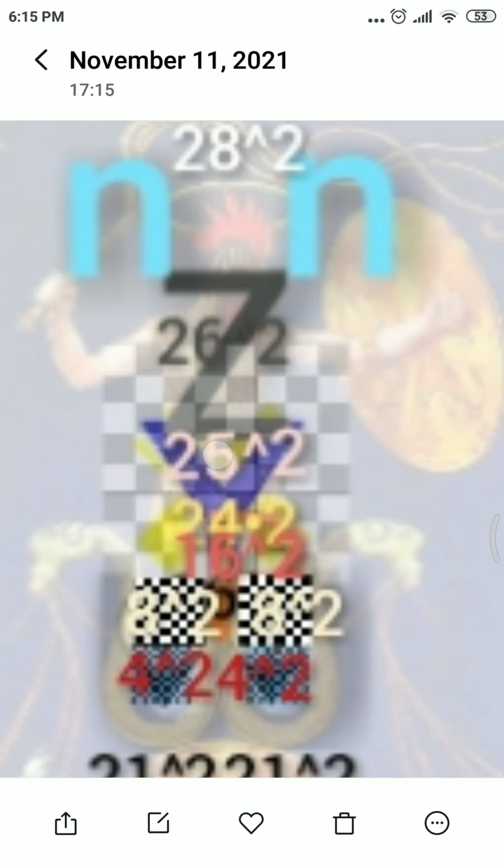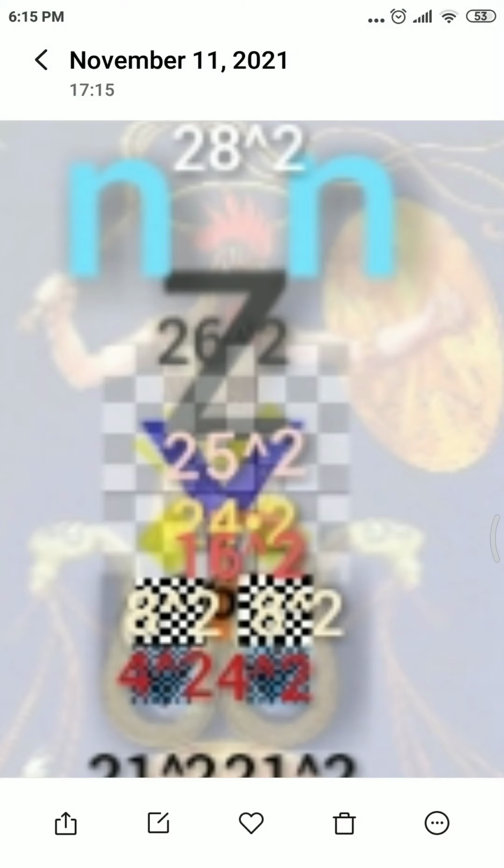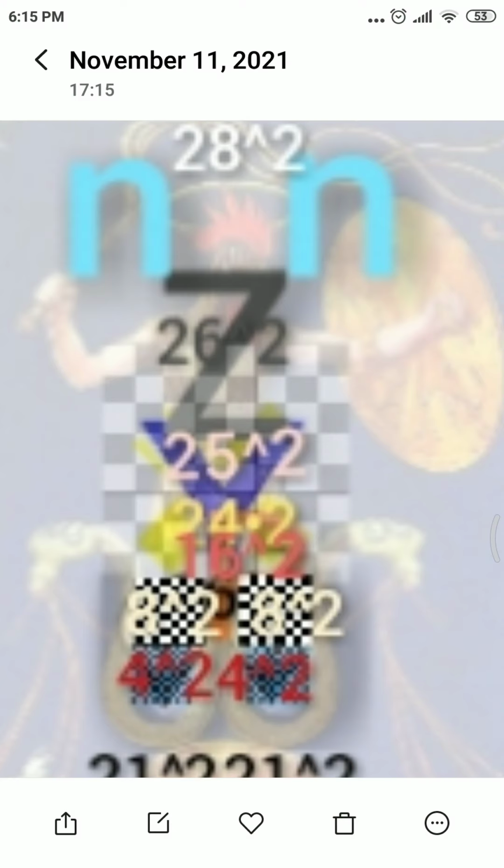And then this 25 squared, of course, this guy is the ABRAXAS or Yaldabaoth, what we call. So this guy, with the help of 24 squared, rules the lower world.